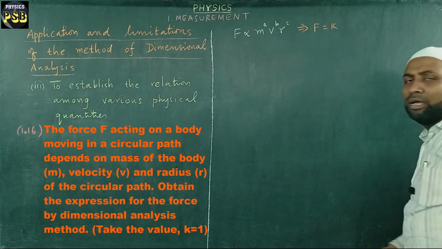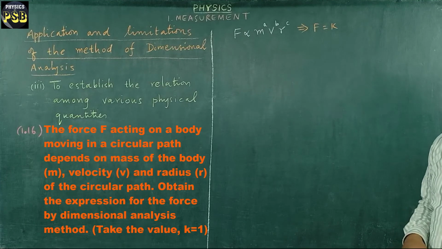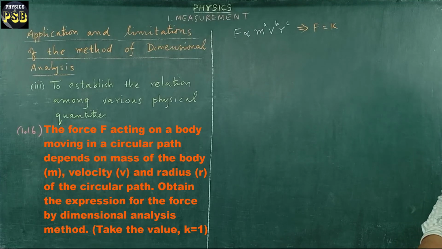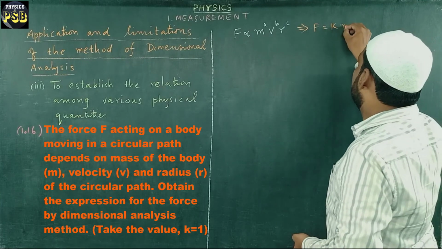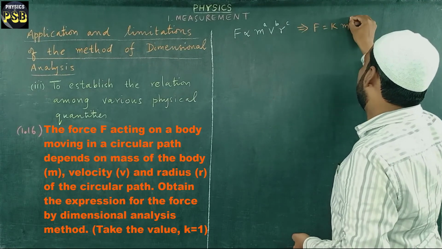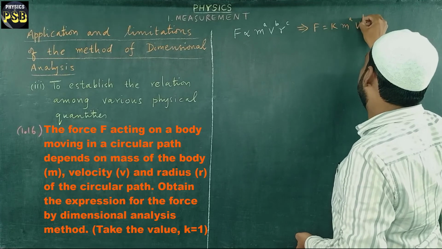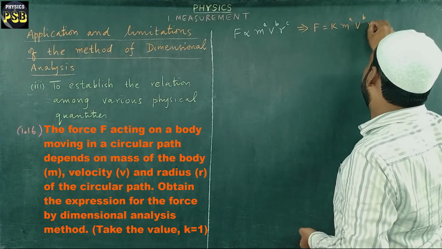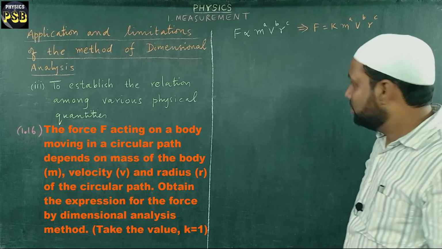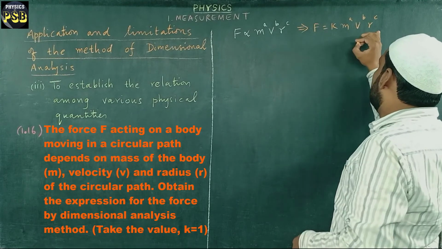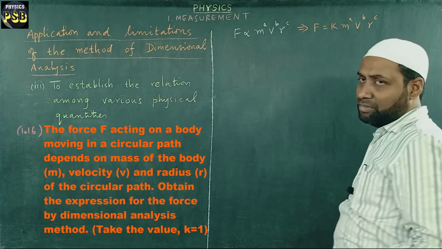Here K is a proportionality constant. It does not have dimension. So remaining things are written as m power a, v power b, and R power c. Now the values of a, b and c can be obtained if we know the dimension of all these terms.